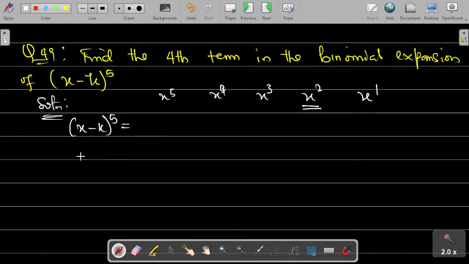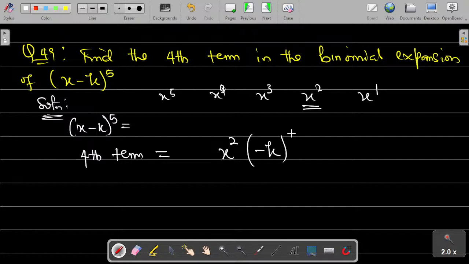So our fourth term is going to contain x to the power of 2, just as I did in number 48. That's what you're going to do here. Our fourth term will contain x to the power of 2, and then what will be the second part of this? That's minus k to the power of 3.